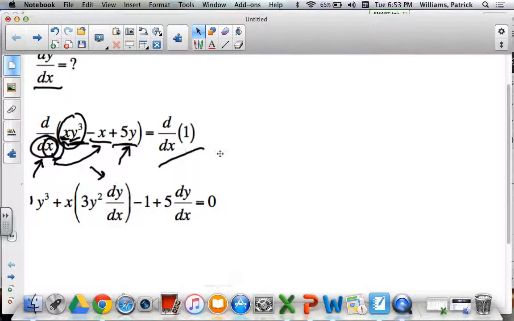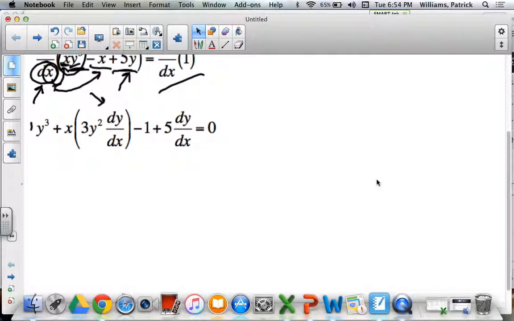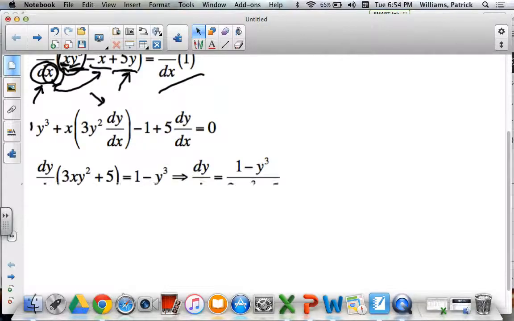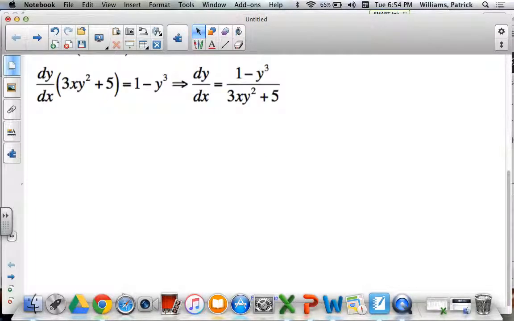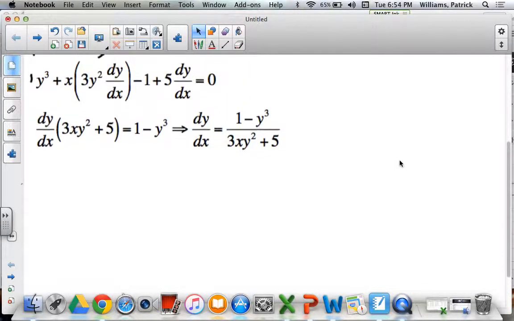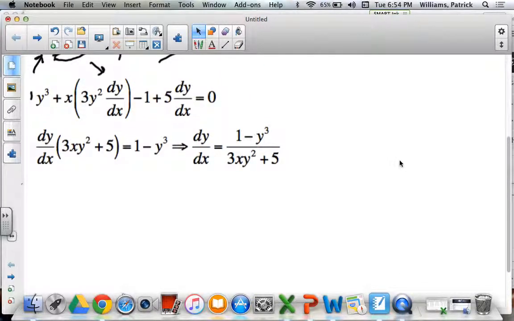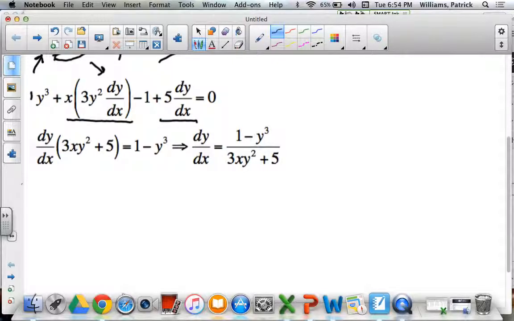So if you were able to figure that out, or you weren't able to, what we can do is isolate everything with the dy/dx to one side of the equation. Notice we have 3xy squared dy/dx right here, and then we also have 5 dy/dx right here.